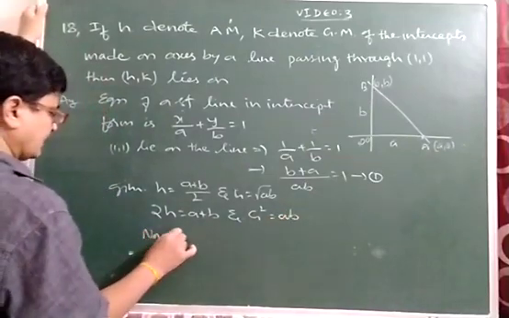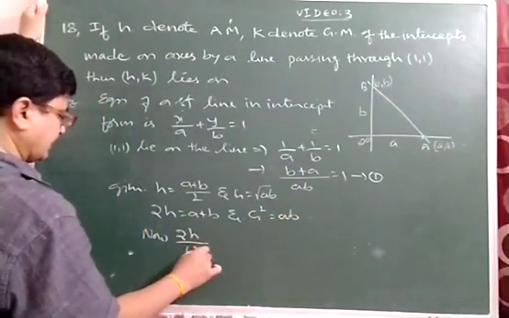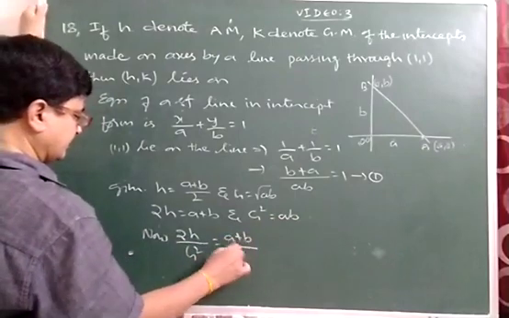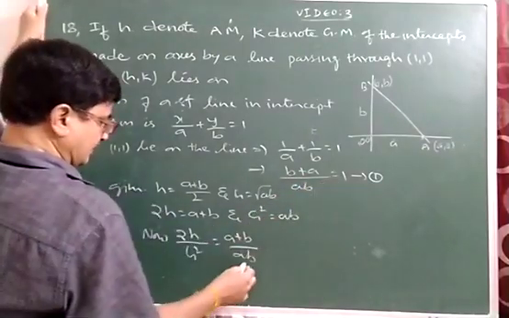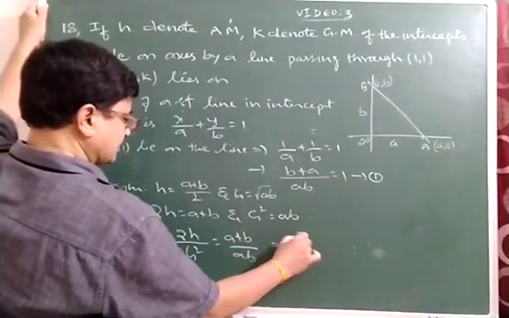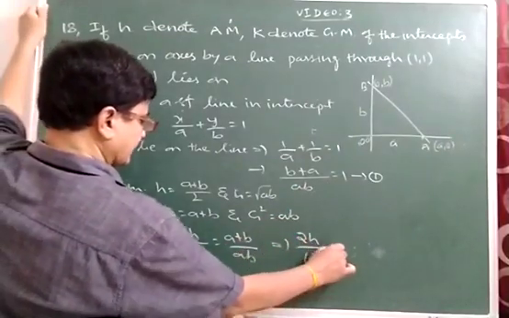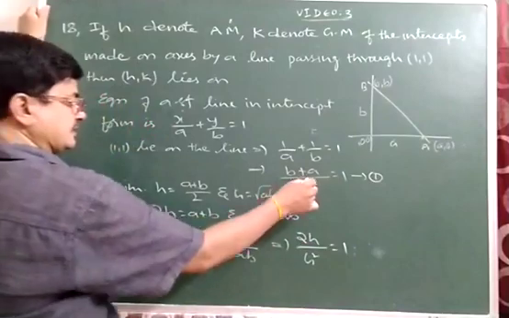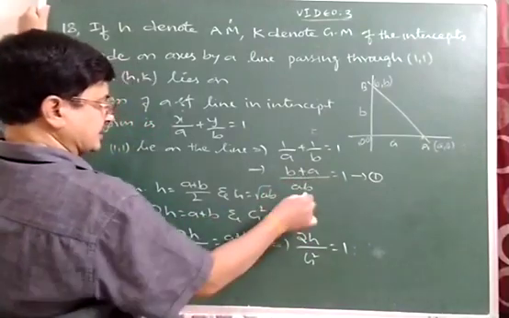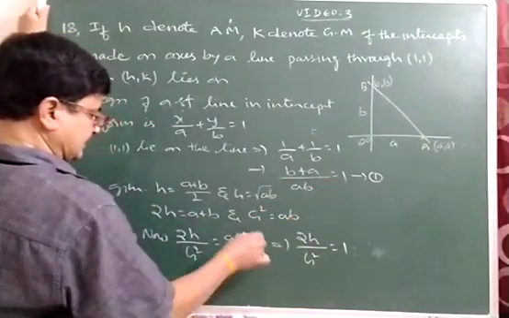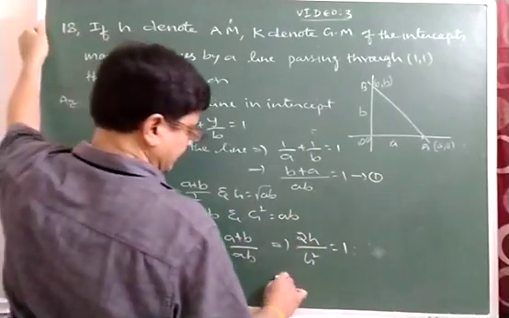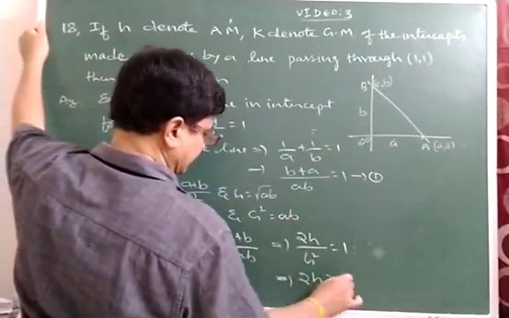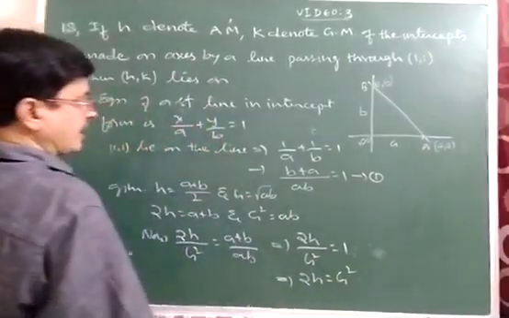Now 2h by k square is equal to (a plus b) by ab. We know that (a plus b) by ab is equal to 1. So 2h by k square is equal to 1. Now applying cross multiplication, 2h is equal to k square.